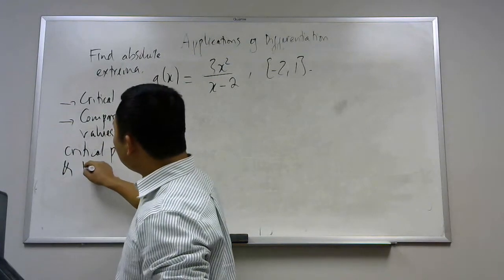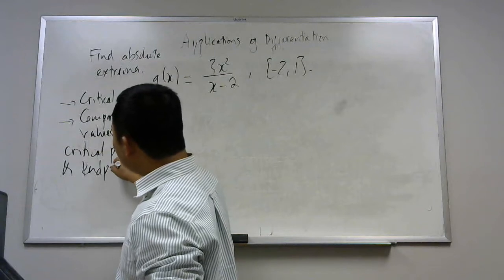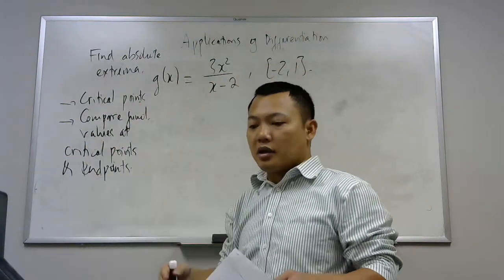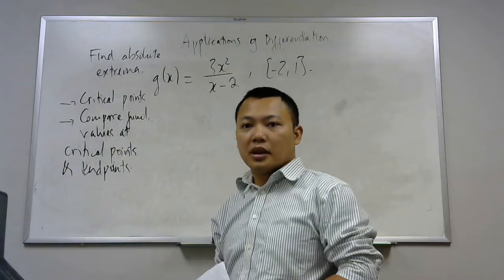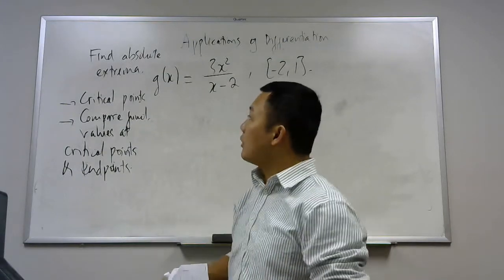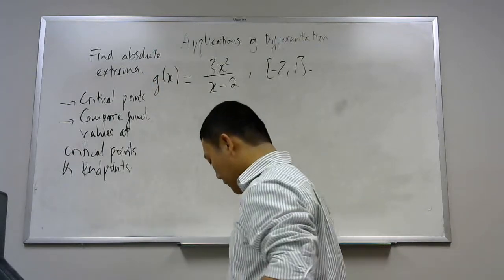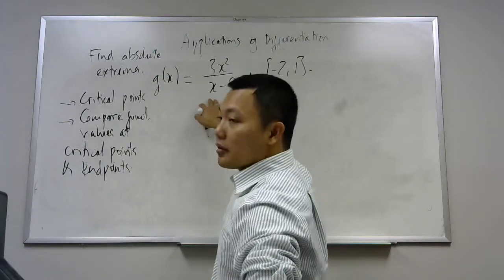When you compare those values, you can pick the maximum and the minimum, and those serve as your absolute maximum and absolute minimum. Okay, let's do this.